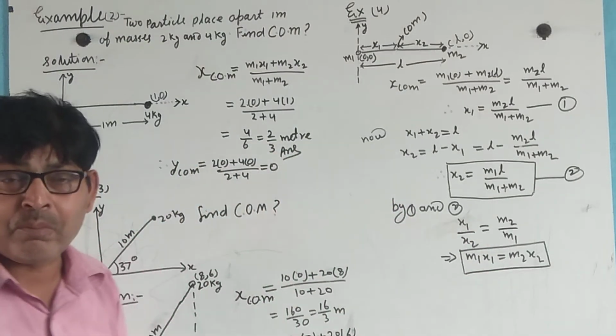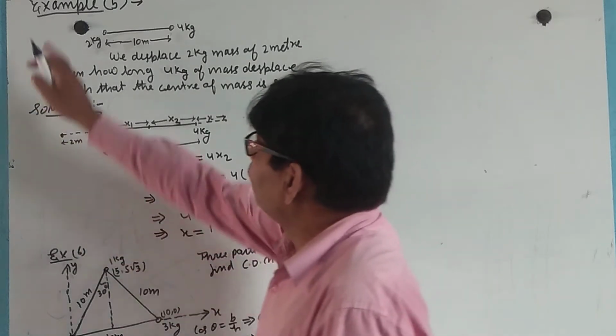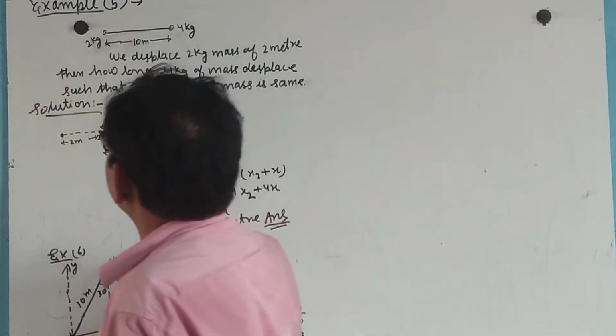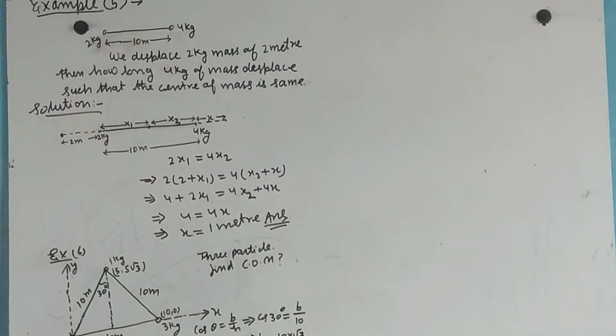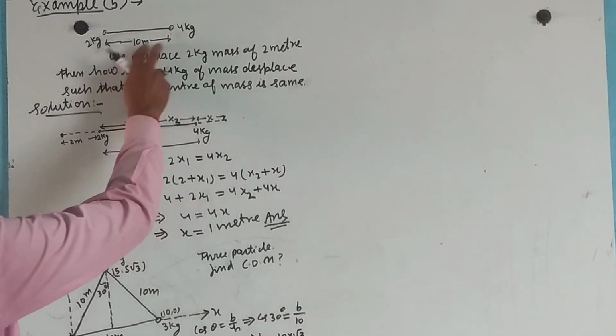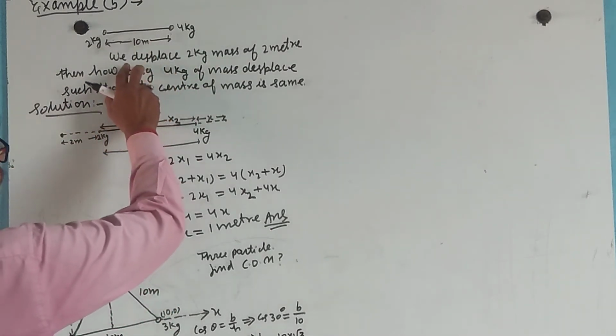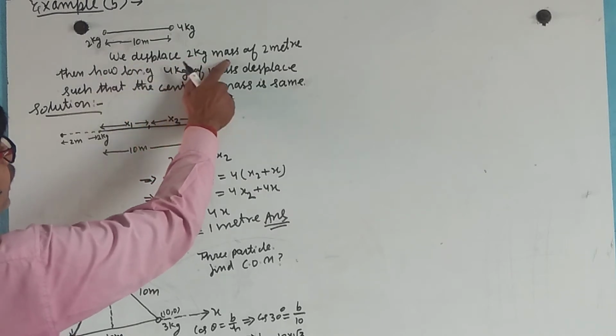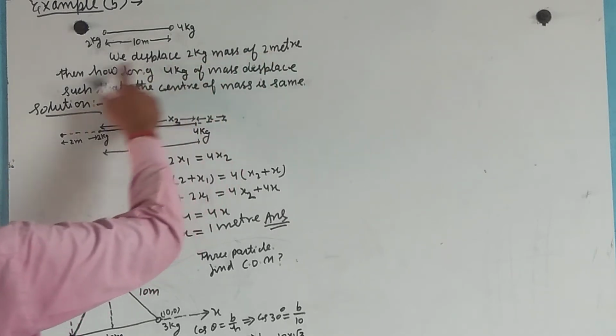Now example 5. Here two particles of mass 2 kg and 4 kg are placed 10 meter apart. Now we displace the 2 kg mass by 2 meter.